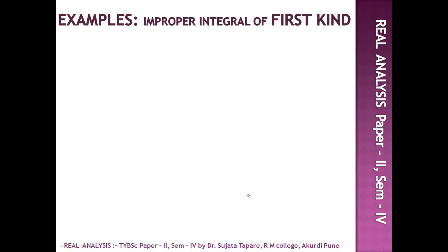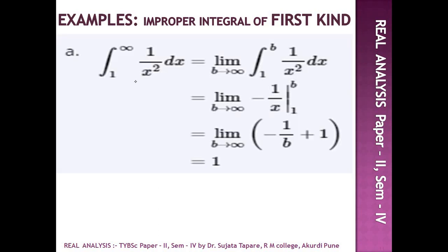Some examples on the improper integral of the first kind. First one, the integral from 1 to infinity of dx / x^2. Here the upper limit is infinity, so we replace it by b and take the limit as b tends to infinity. Find the integral, put in the limits, and take the limit as b tends to infinity. Replacing b by infinity, we get the limit as 1, which is finite, so this given integral is convergent.